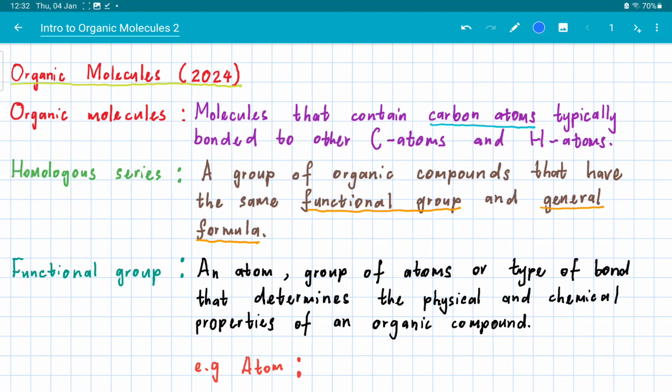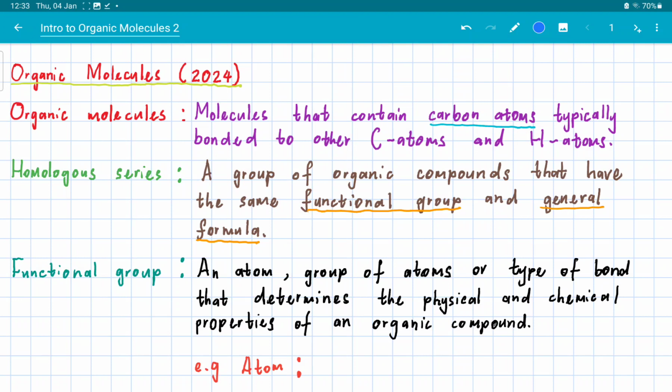First of all, let's start with organic molecules. We define organic molecules, but at testing you will really be asked to define what organic molecules are, because the definition is so broad. Basically, organic molecules are carbon-containing molecules.